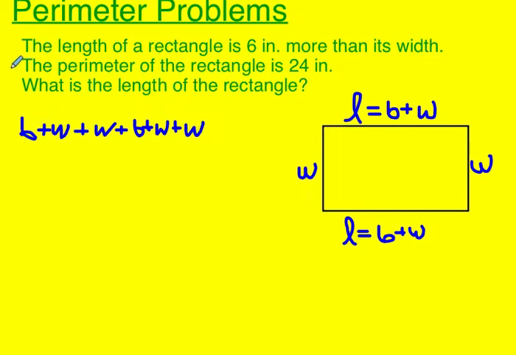If I go to this second sentence, the perimeter of the rectangle is 24, so this would be equal to 24. Now I can work on simplifying this left-hand side of the equation. I have lots of like terms going on here. All of these terms that are W's are like terms, and we know that when we don't see the coefficient, technically all of these W's have 1s in front of them.